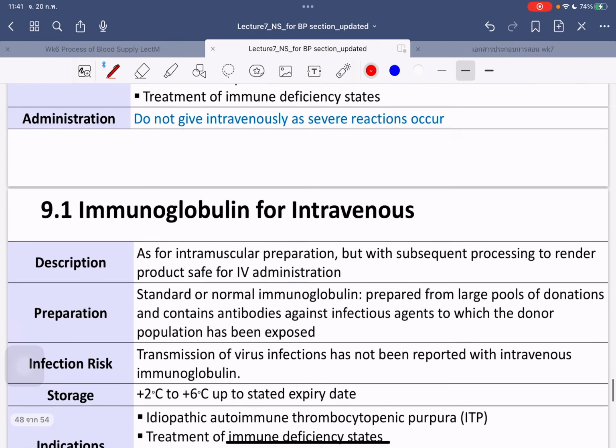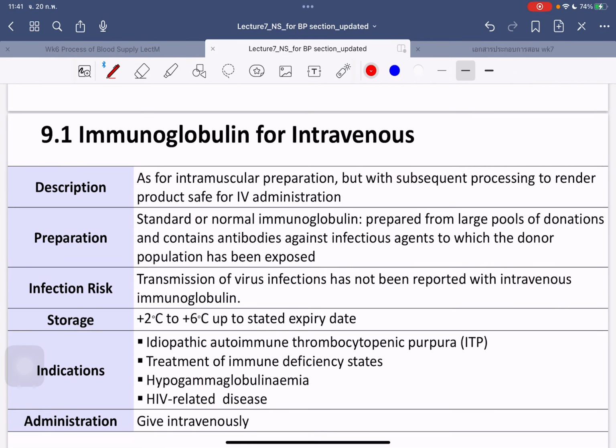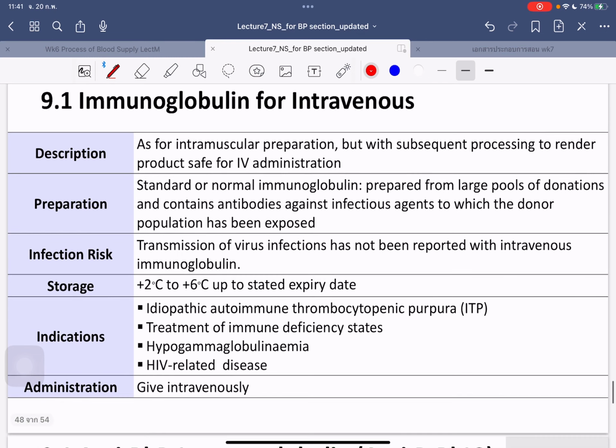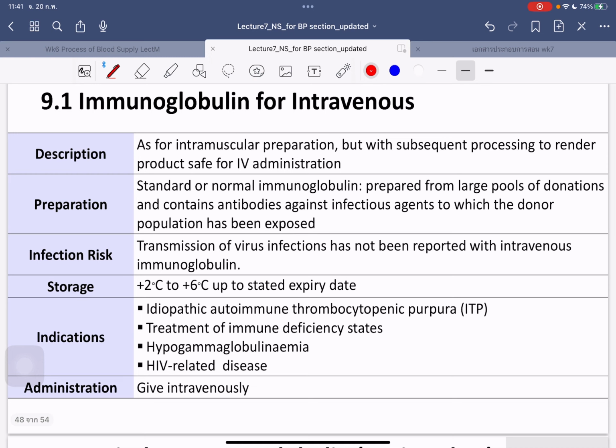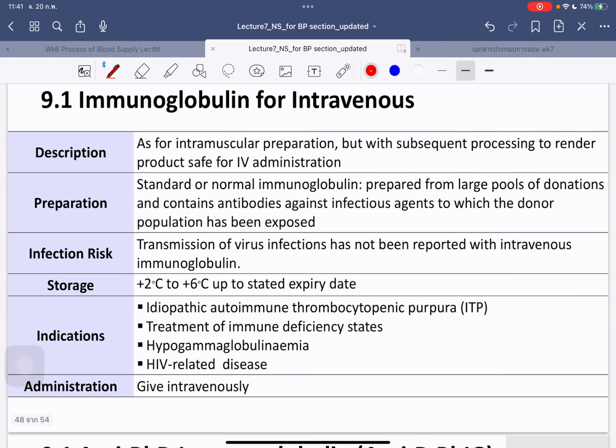The next one is IG for intravenous injection. This means all the immunoglobulin that's not intramuscular. It is used to compensate for immunodeficiency disease, or in the case of idiopathic autoimmune thrombocytopenic purpura. Idiopathic means you don't know the cause of the disease.